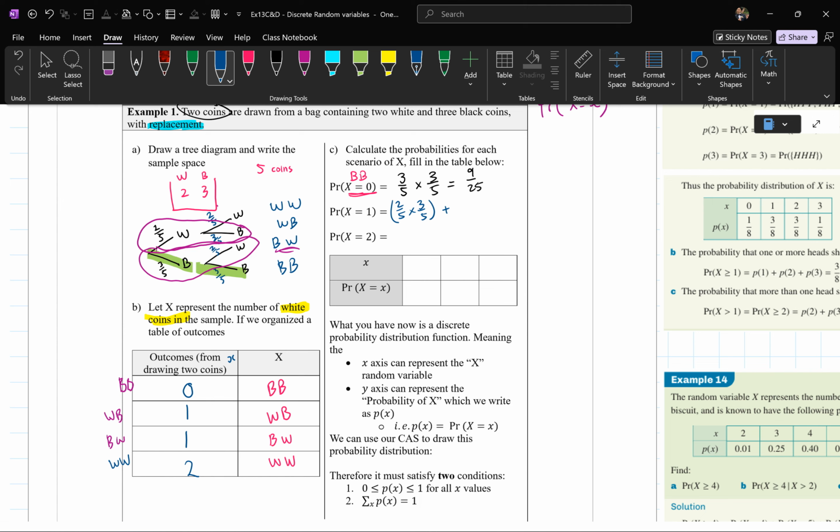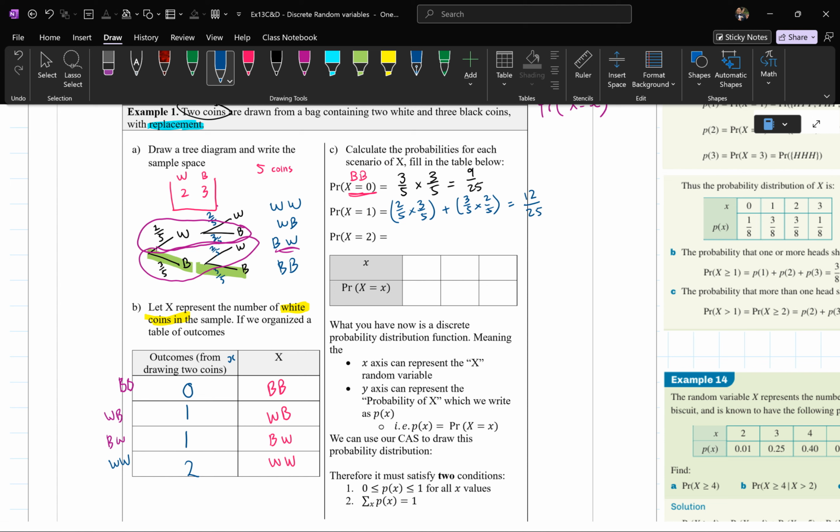That's still 1 coin as well. So it's 3/5 getting a black times 2/5 getting a white. Together, that's the chances of you getting 1 white coin, which is really doubling 2 times 3 over 5 times 5. So that's 6/25 doubled, which is 12 out of 25.